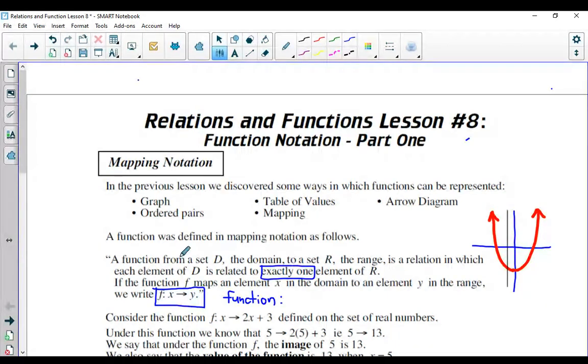And a function is where each distinct x value relates to exactly one y value. The relates is the arrow that you have here.